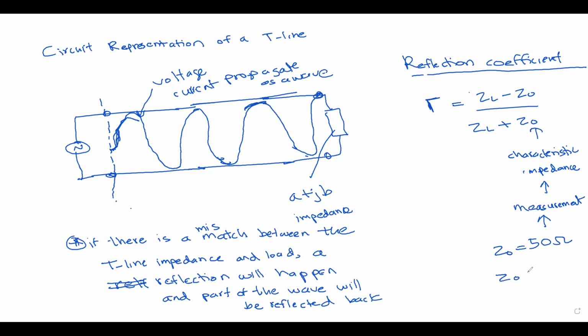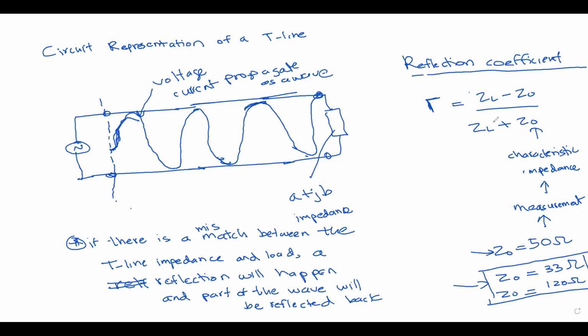It will change to other values such as 33 ohms or 120 ohms, depending on the application we are considering. The value of Z naught can change, but in general we use the standard value of Z naught as 50 ohms.